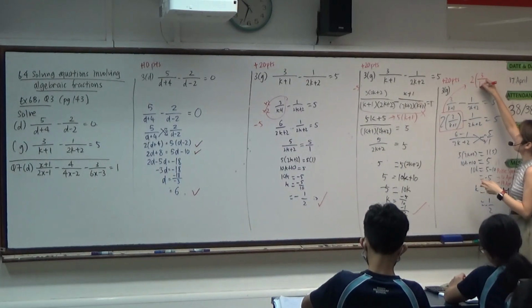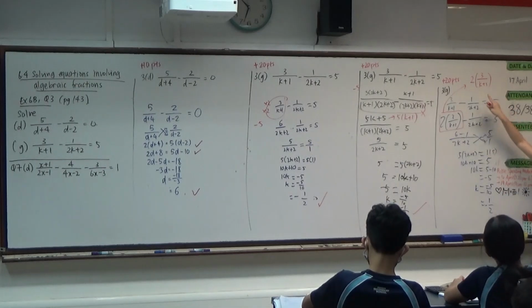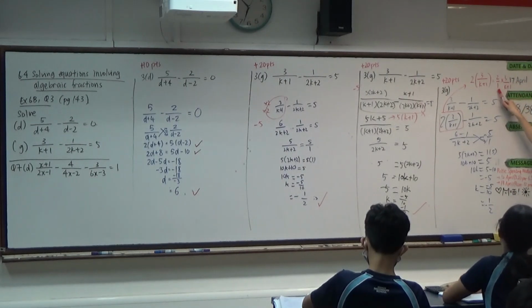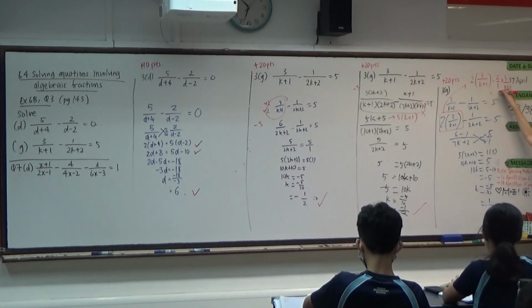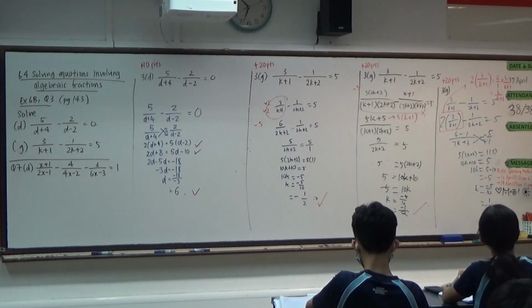When you write it this way, it means 2 over 1 times 3 over k plus 1. So actually it is numerator times numerator, denominator times denominator. It should actually just be 6 over k plus 1, not 6 over 2k plus 2.